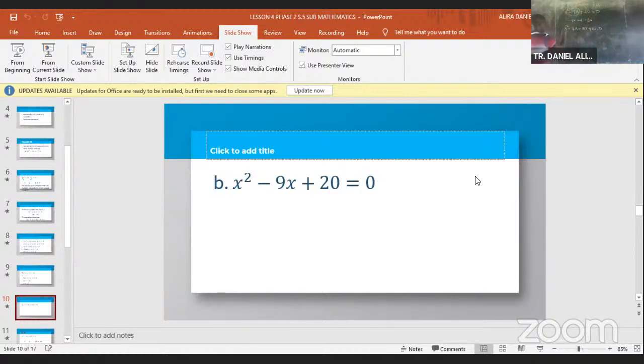I count the first 2 and group them. Then the next 2, I group them. In the first group, you will have a common factor. In this case, the common factor is x, into x minus 4. Close. Here you pull out the negative, because we want x to always be positive.